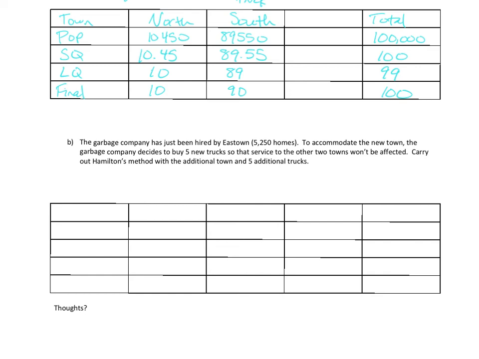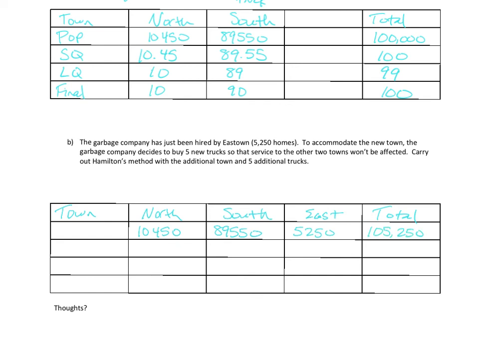So if we carry out Hamilton's method with the additional town and 5 additional trucks, let's see, we've got the town, we have north, south, and east, and total. And then the populations, 10,450, 89,550, and 5,250.